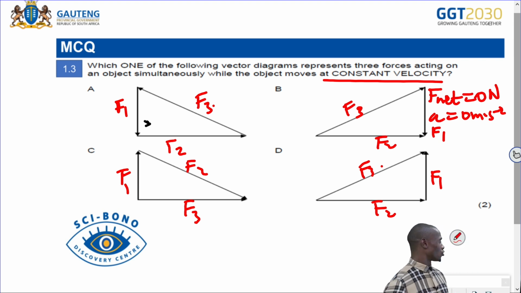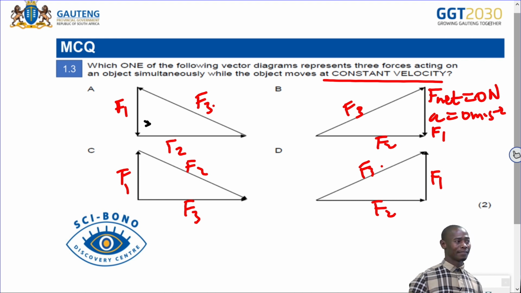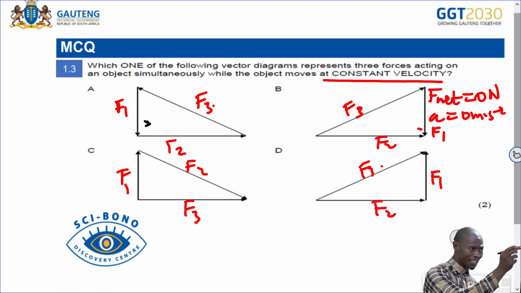But when you look at your B, there is a resultant there. Actually, let's check. We can see the forces are drawn head to head here.